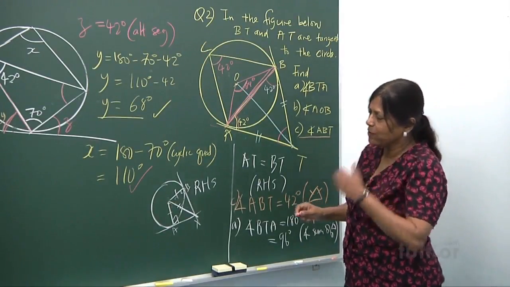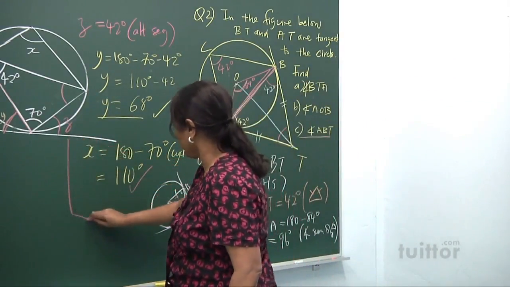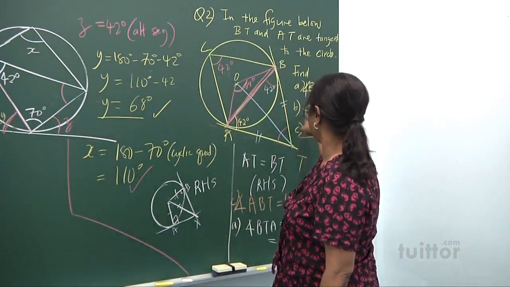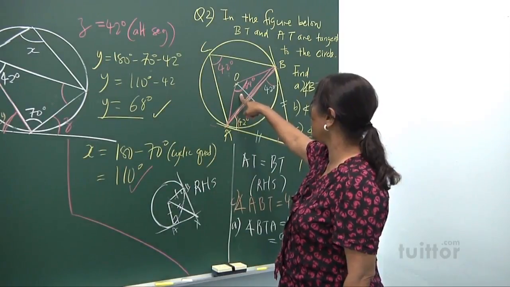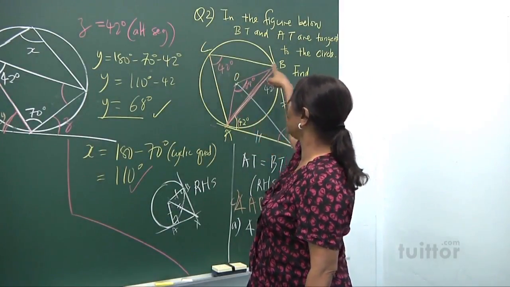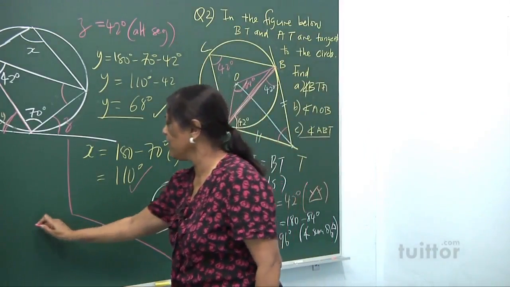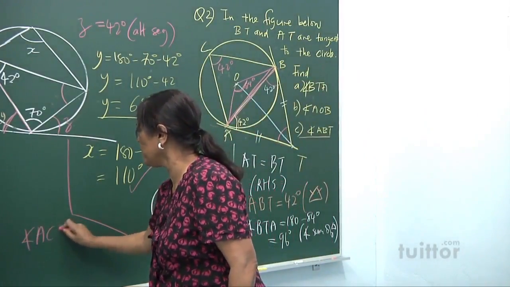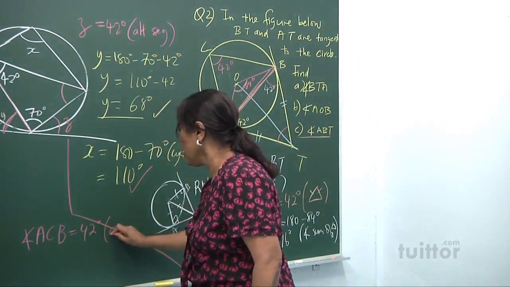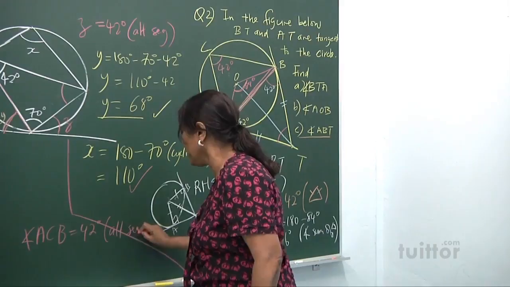You call it angle at the center equals to twice angle at circumference. Alright, let me find for you a space to write that out, because I'm really particular about how you write the steps. Now you want to find out what is AOB. So look at this first. You say angle ACB. Alright? Angle ACB is 42 degrees. What is the reason? Alternate segment.